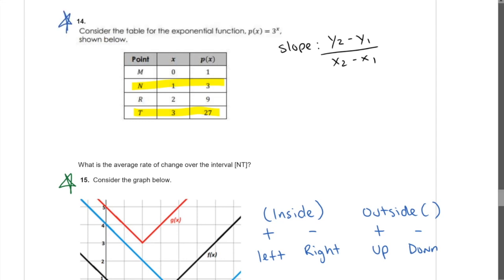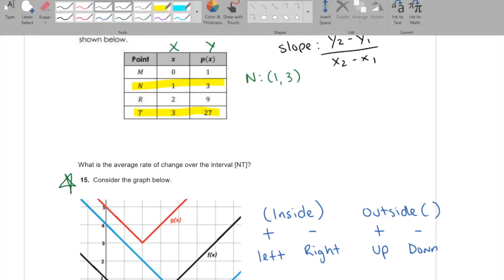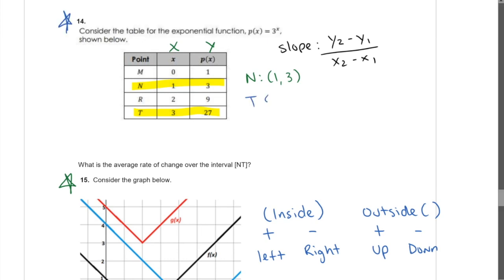So n and t, my x's go first, my y's go second. So n is going to be 1 and 3. T is going to be 3 and 27. All right.